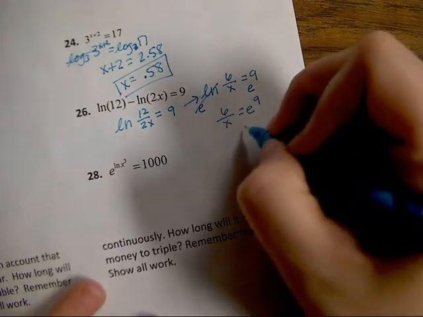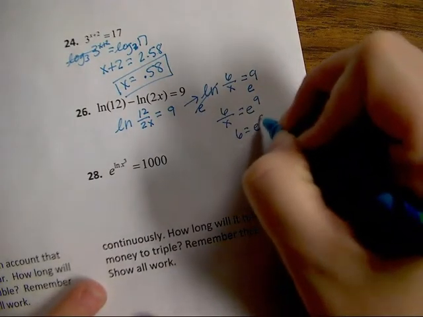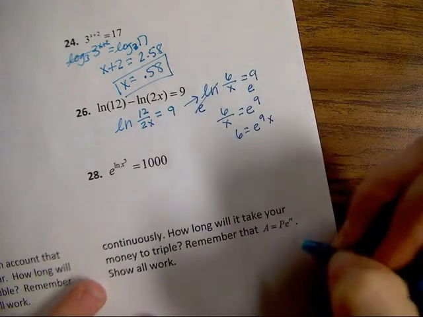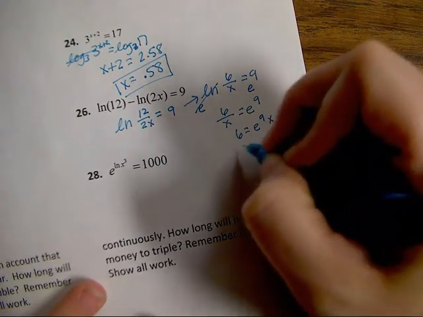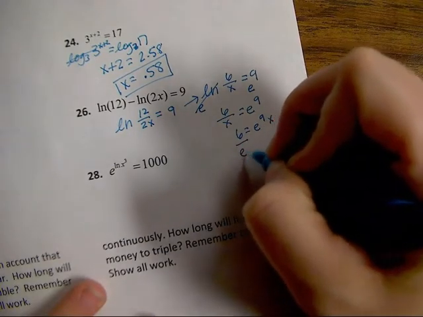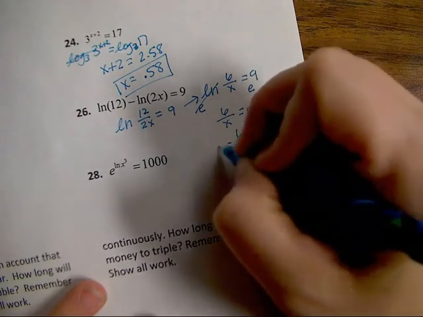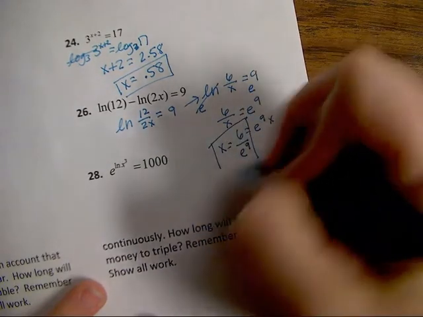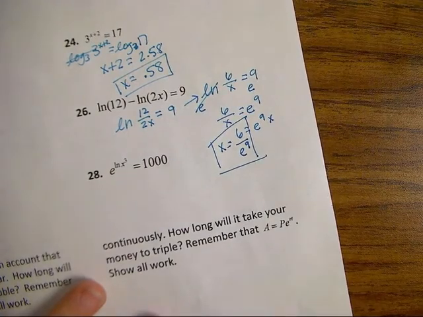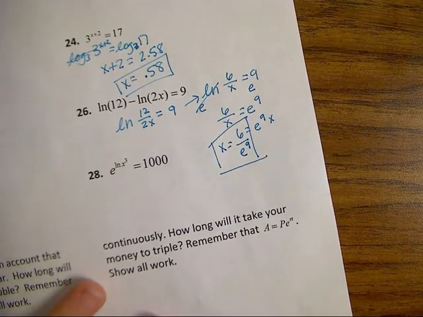Multiply by x. So e to the 9th times x, then divide by e to the 9th. So when we do that, we get 6 over e to the 9th, and that equals x. That is our final answer. Remember, keep it in terms of e. Leave the e in your answer.